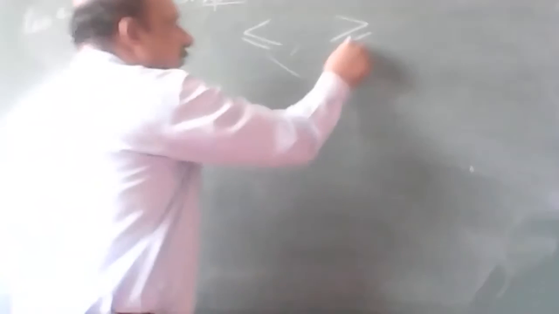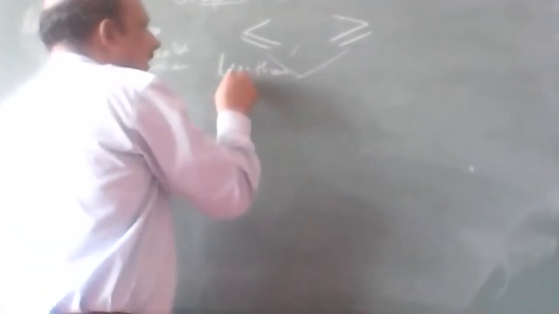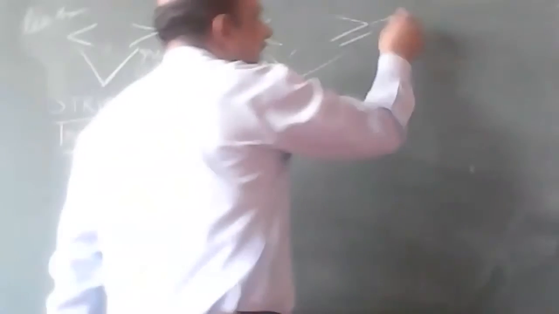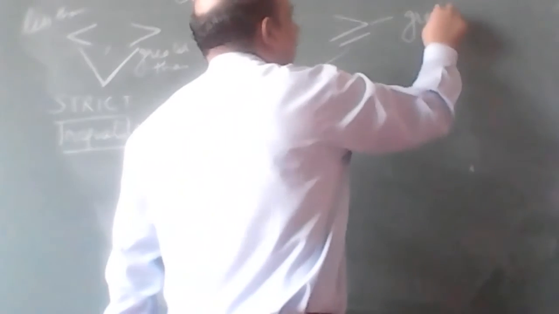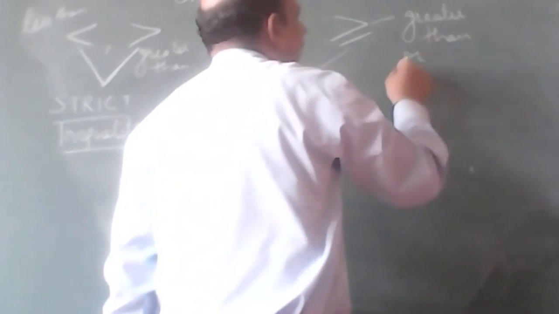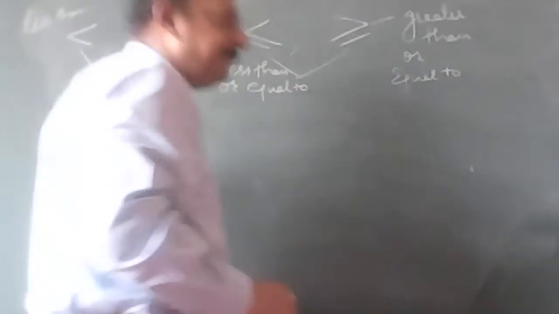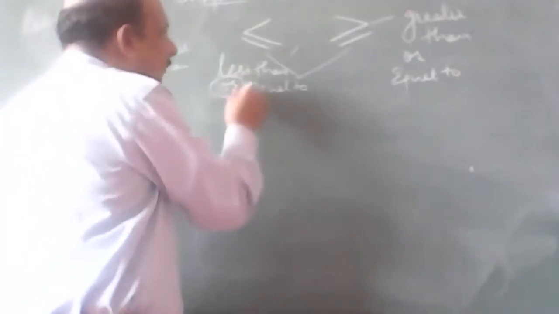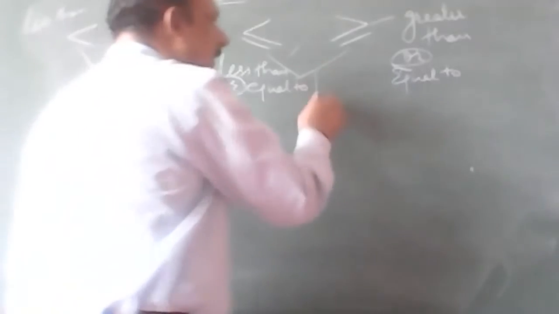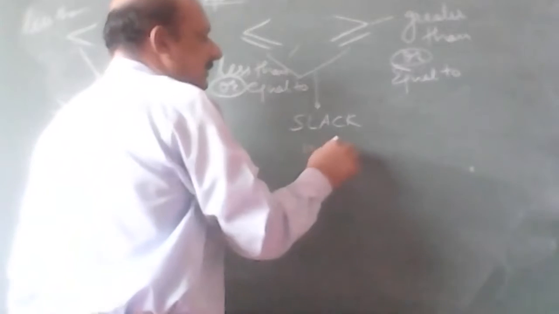Whereas these two, when I say less than or equal to, similarly greater than or equal to, these two, when we have 'or' between, या तो ये या वो, these type of inequalities are called slack inequalities.